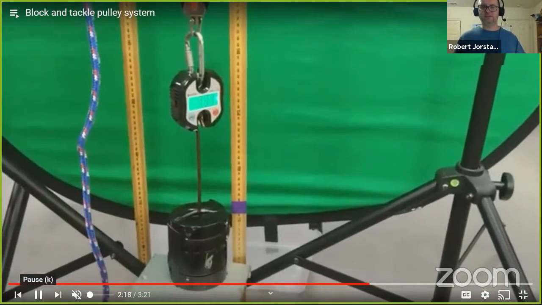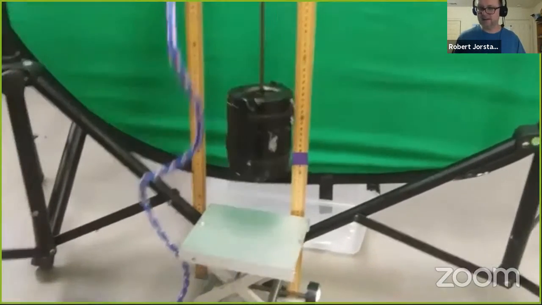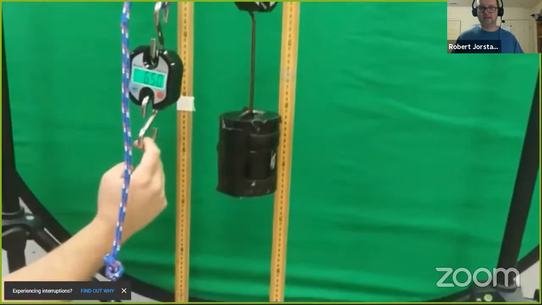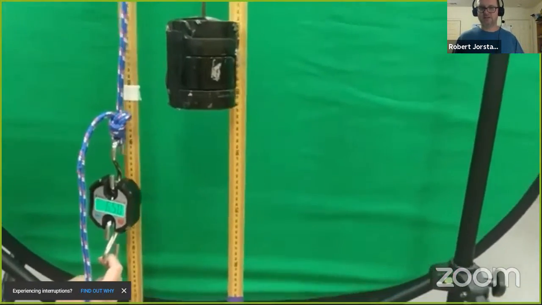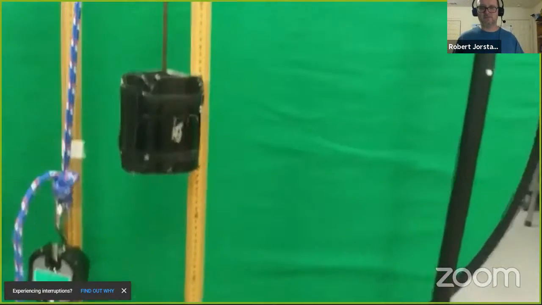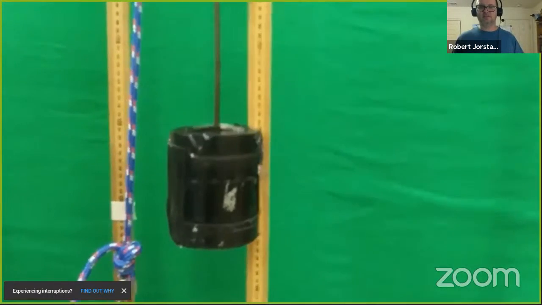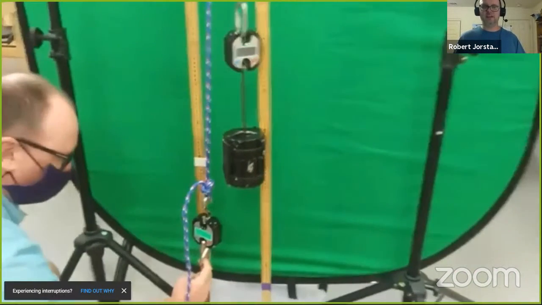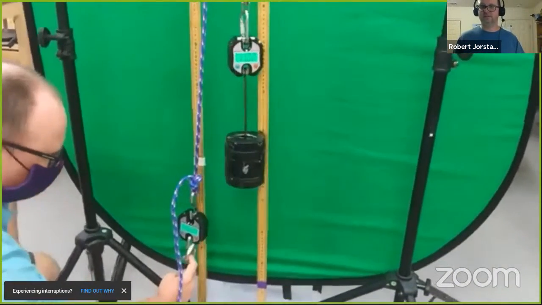I hope you noticed that the lower mass moved half as far, right? It doesn't move a full meter. It only moves about 50 centimeters. It goes from whatever, 30 to 80 or something like that. I forget what the numbers were. But it moved 50 centimeters, even though the other rope that I pulled moved 1 meter.